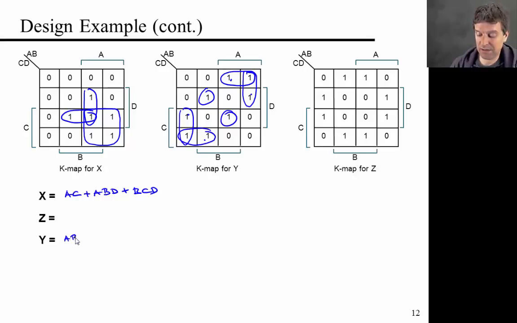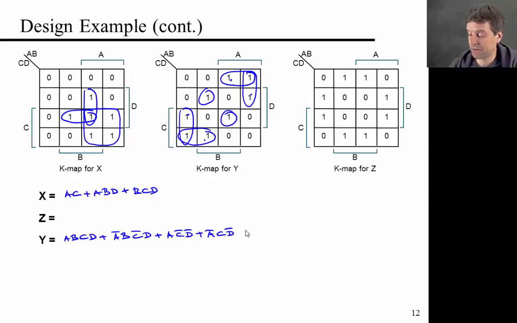It's A, B, C, D, that's one of the small 1x1 circles, or not A, B, not C, D, or A, not C, not D, or not A, C, not D, or A, not B, C, or A, not B, not C. So the sad truth is that sometimes some functions just can't be simplified very much.